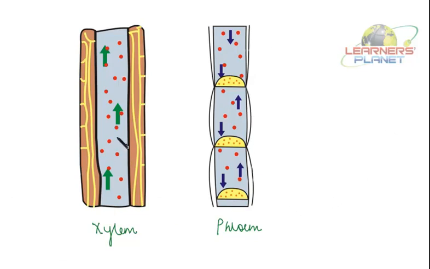So basically, remember this very simple thing about xylem vessels, that the transportation of water and minerals takes place through xylem vessels. That is, the upward movement takes place. While in phloem, the downward movement takes place. Phloem is associated with the translocation of food, not with the transport of water and minerals. So this is xylem and this is the phloem vessel.